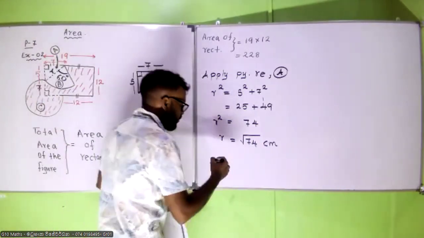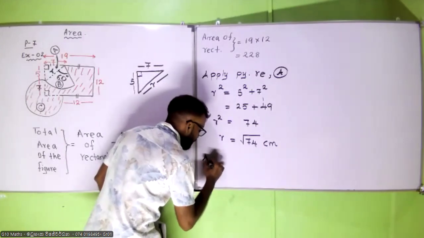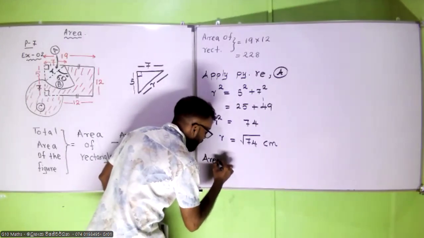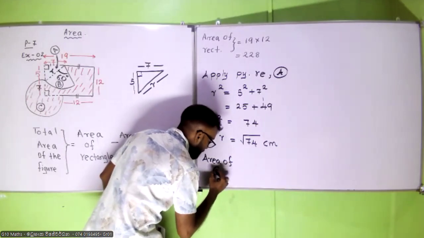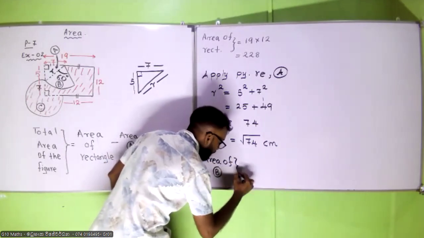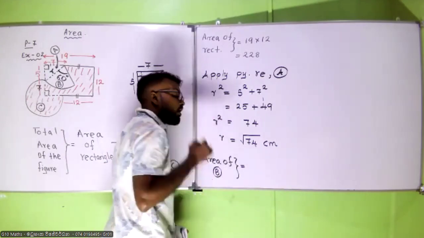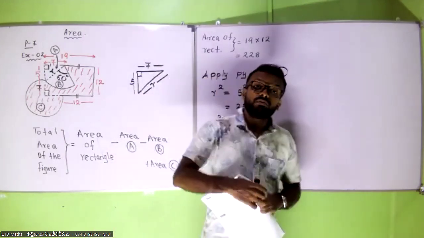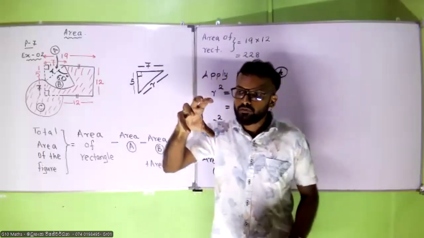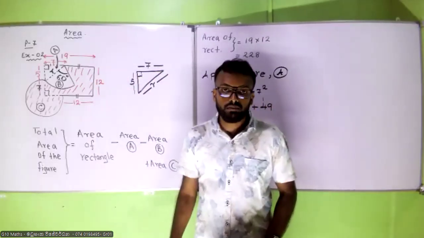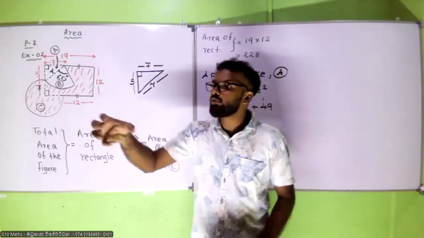Now I can find the area of B. How to find the area of B? That is a sector of a circle. So the portion of the circle times pi r squared.